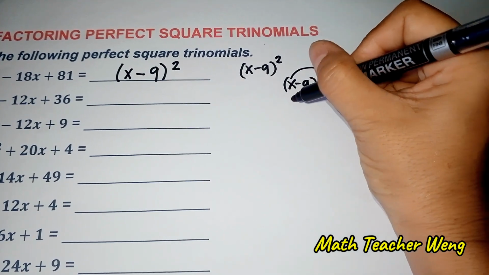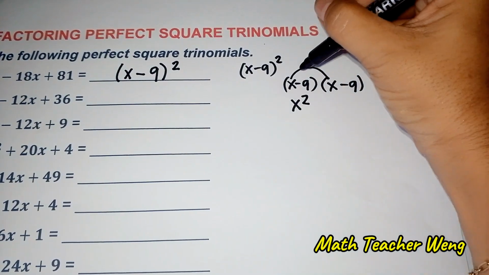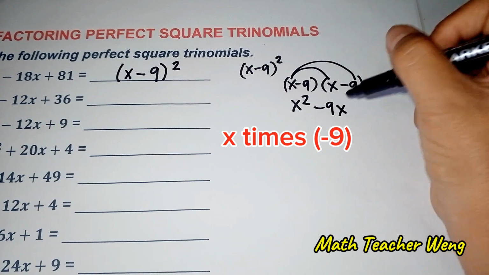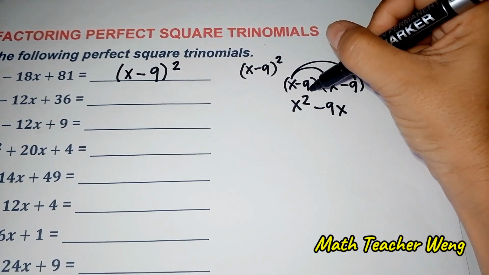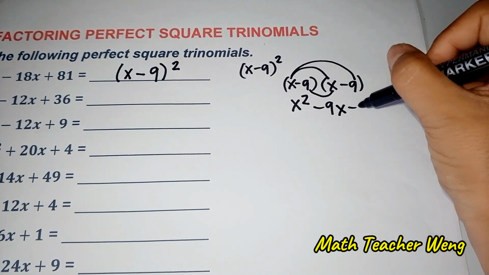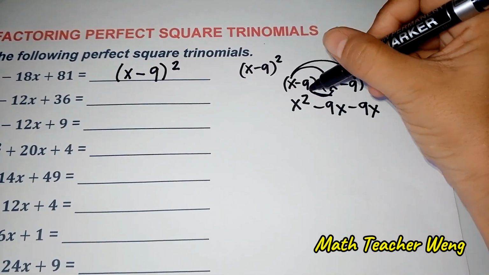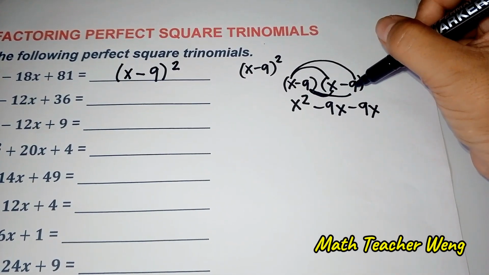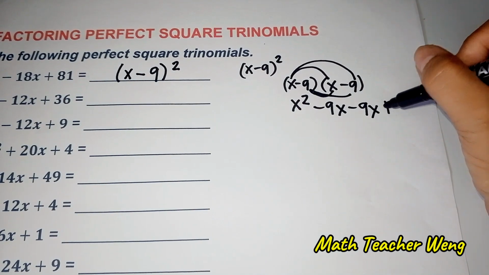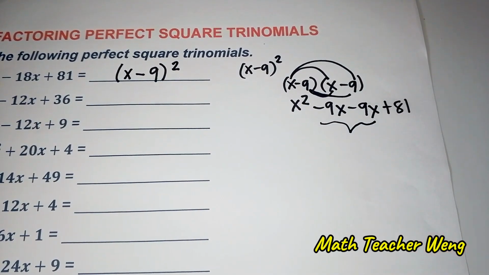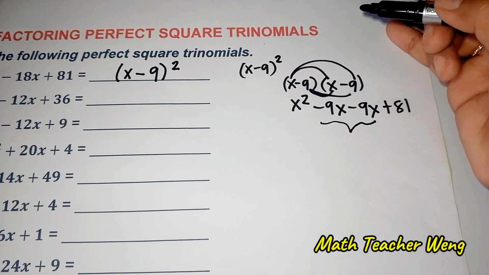Let's do the FOIL method. x times x is x squared. Outer, x times 9 is negative 9x. Inner, negative 9 times x is negative 9x. Then last terms, we have negative 9 times negative 9 is positive 81. And then we combine negative 9x minus 9x.